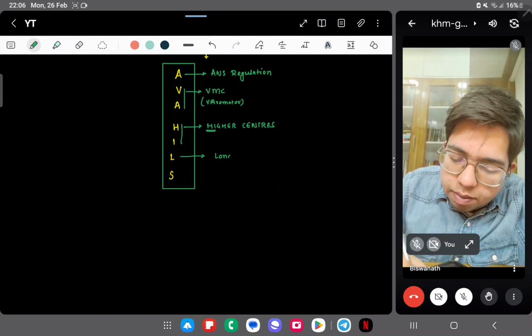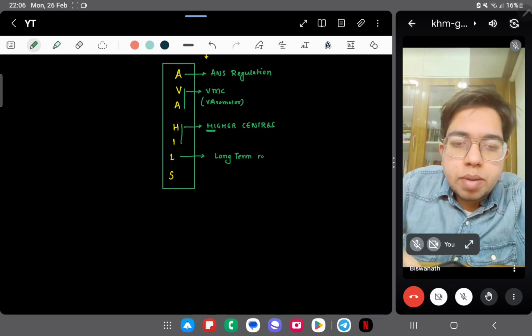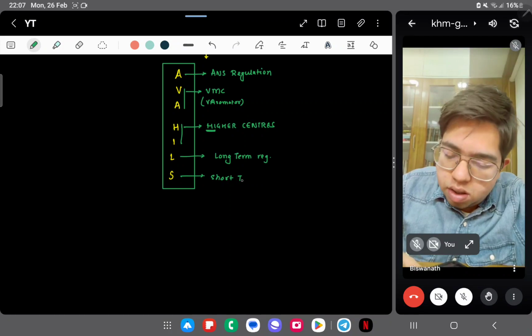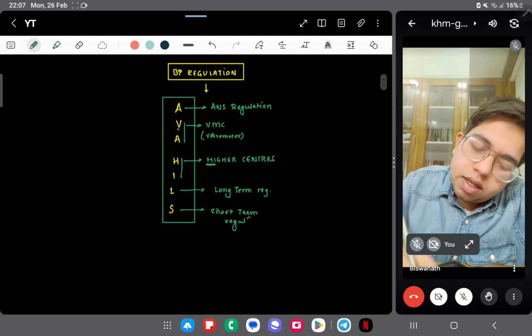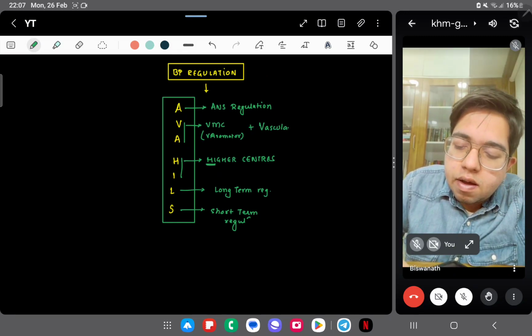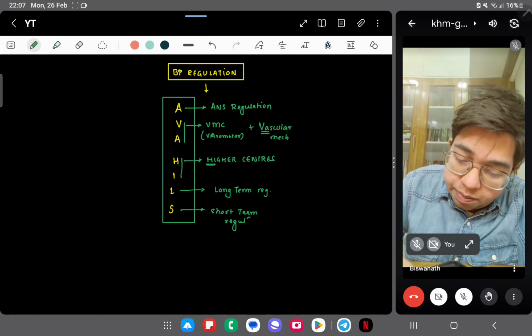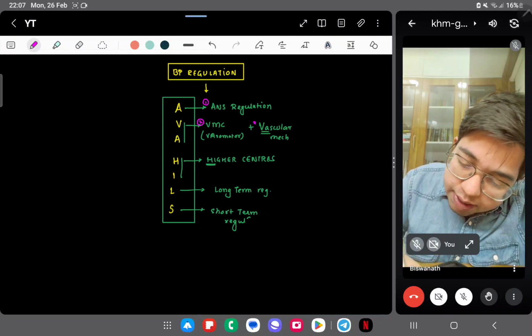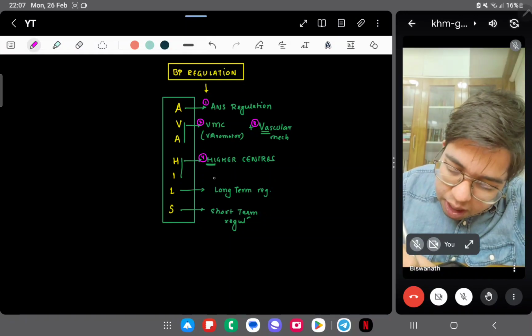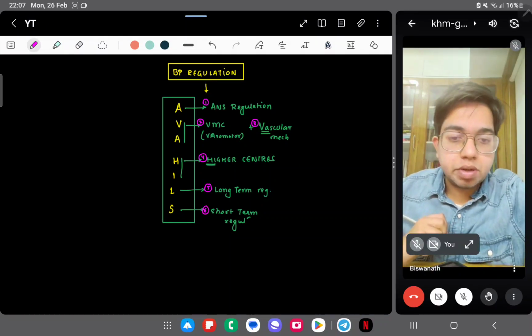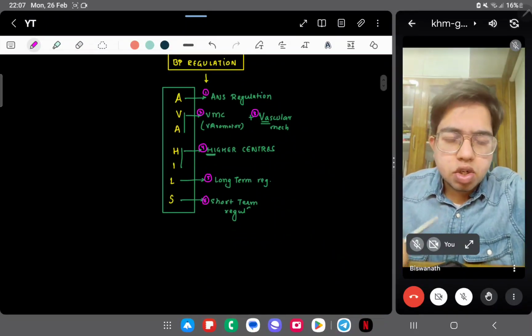L is long term regulation. S is the short term regulation. You can write another one, VA, vasomotor, as well as vascular mechanisms. So we have these mechanisms: the ANS regulation, vasomotor center, vascular mechanisms, higher centers, long-term regulation, and short-term regulation of blood pressure. Understood? Done.